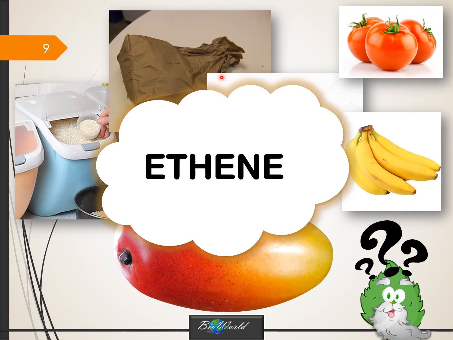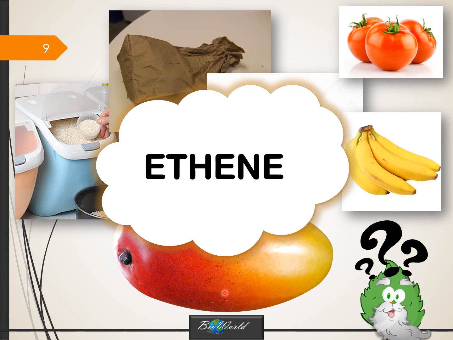It is just that packing them in material like paper bags and newspaper help to increase the concentration of ethane because you are preventing the ethane from diffusing out easily. So the ethane will be always surrounding the fruit, causing the fruit to ripen.